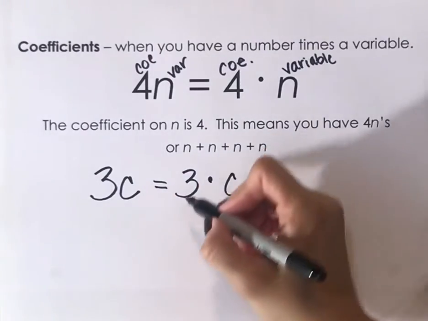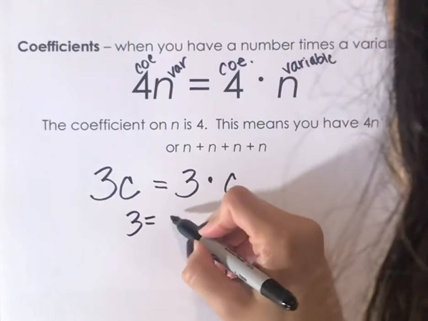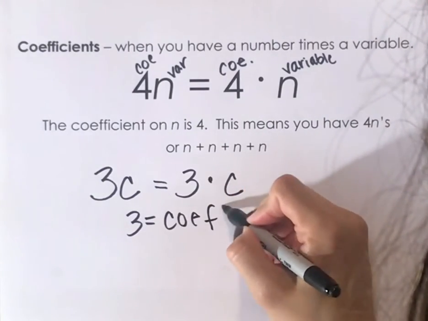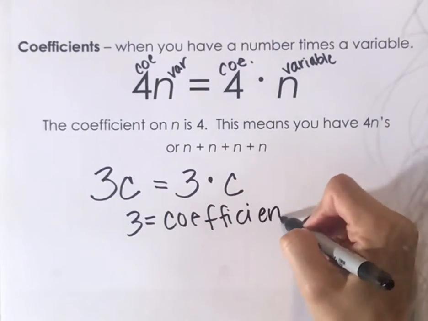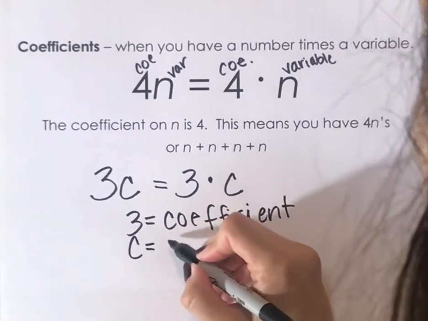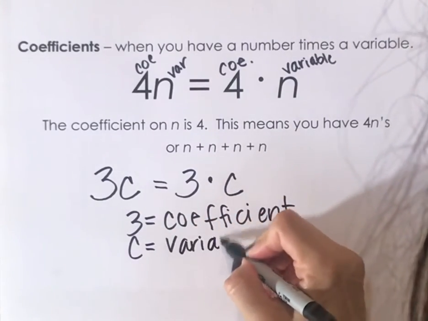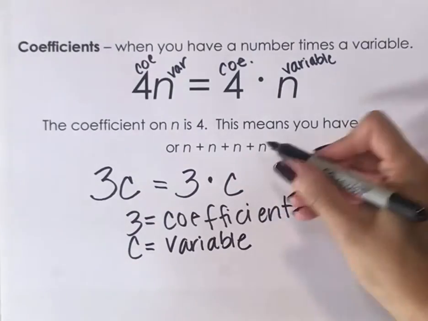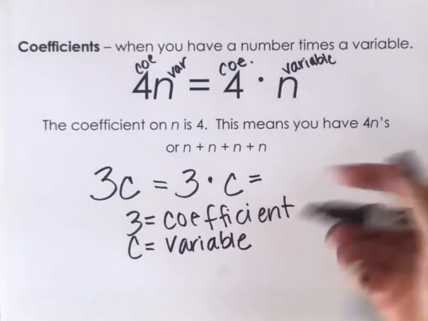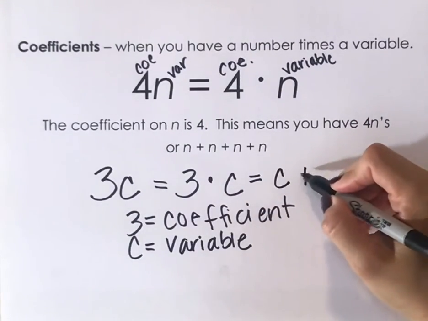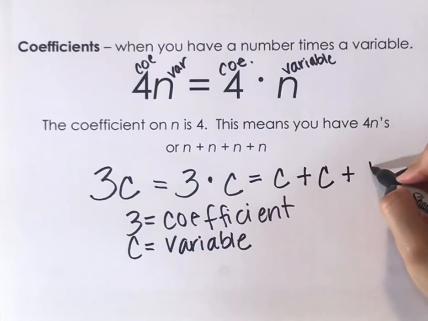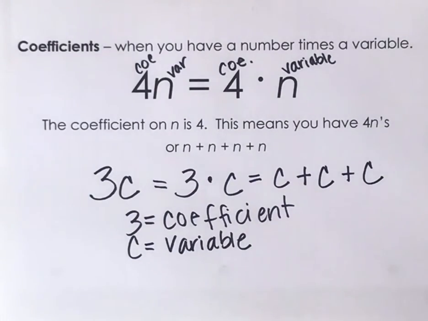Okay, so this again, 3 equals the coefficient. C represents the variable. This also means that I have 3 C's, or C plus C plus C. And that's how we think about coefficients.